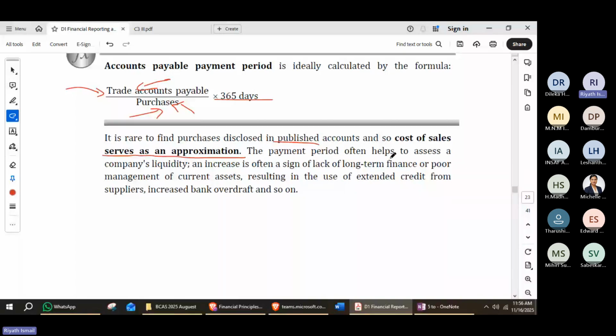The payment period often helps to assess a company's liquidity. An increase is often a sign of lack of long-term finance or poor management of current assets, resulting in the use of extended credit terms, right? Companies try to get items from suppliers for an extended period.